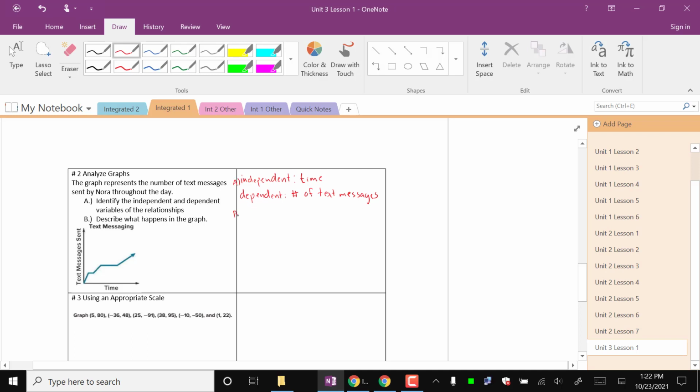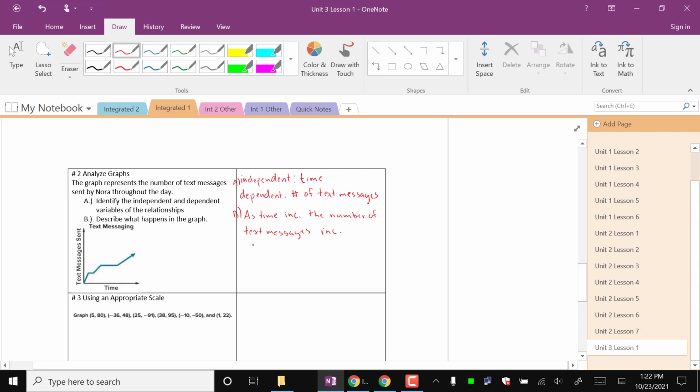Part B says describe what's happening in the graph. So as we move from left to right, we increase in time. The time goes up. So as time increases, the number of text messages increases.